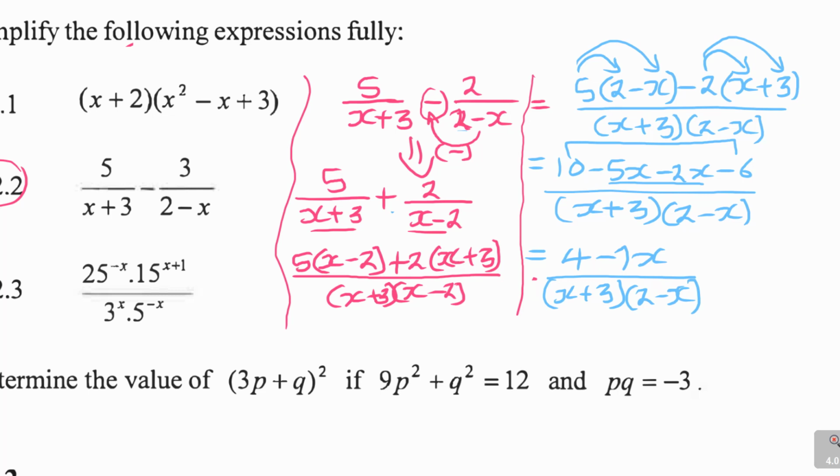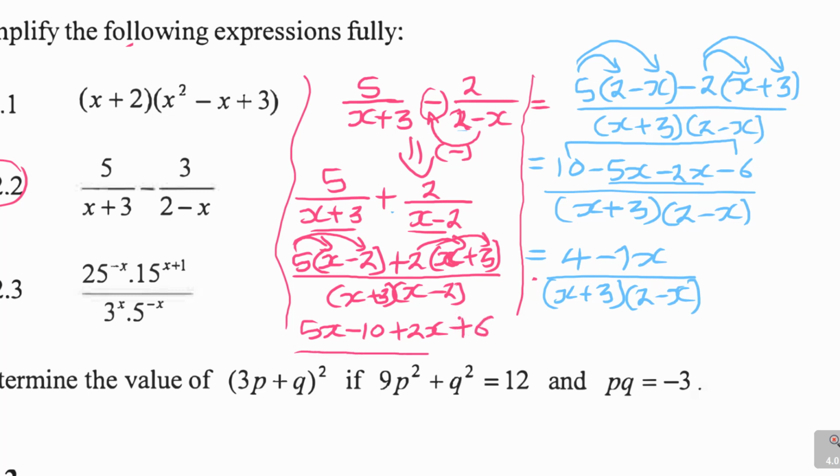Now it's again a matter of opening the bracket and the 2 coming in. 5 times x is 5x. 5 times 2, and negative 2 actually, is minus 10. 2 times x is 2x. And then 2 times 3 is positive 6.